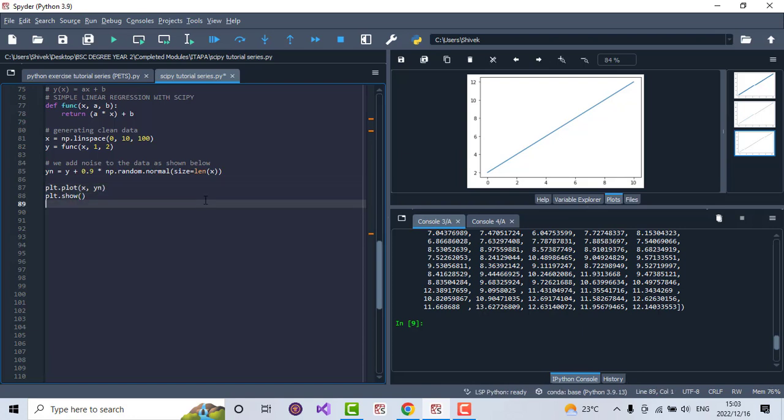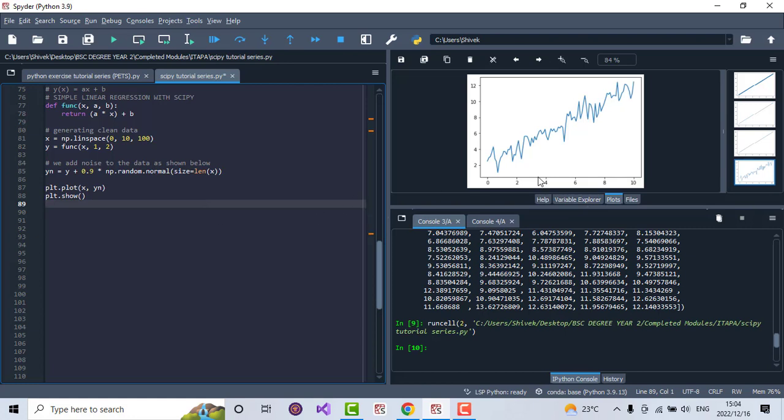Now what we are plotting is the exact same x values as before, but the data points that have the noise, so the y values are different. And as you can see, the line graph has now changed. Initially, we were working with the clean data, which was giving us this very perfect straight line. And now we have noise in the data, which accounts for the variation we see.